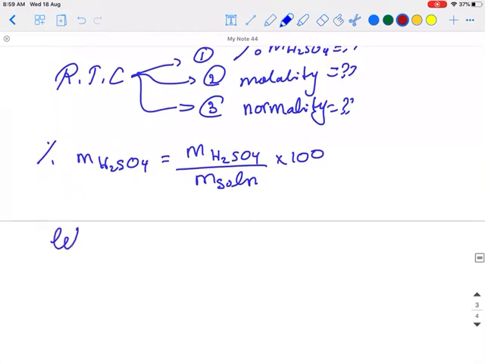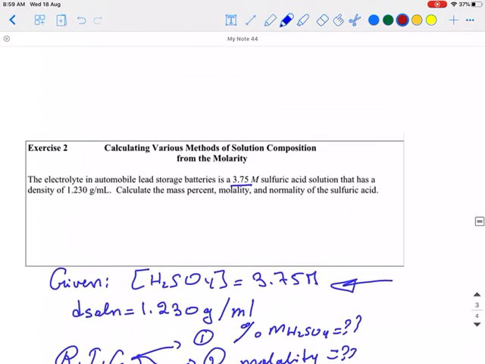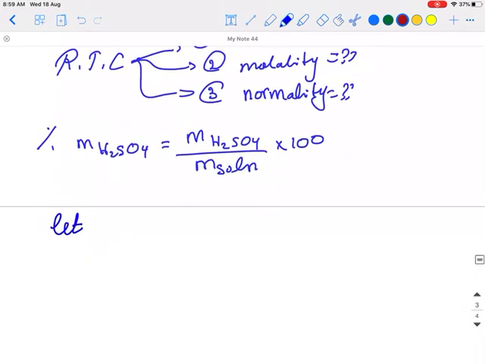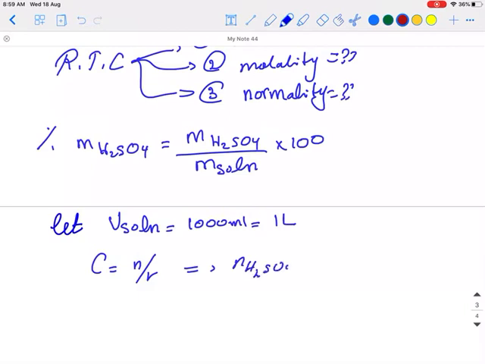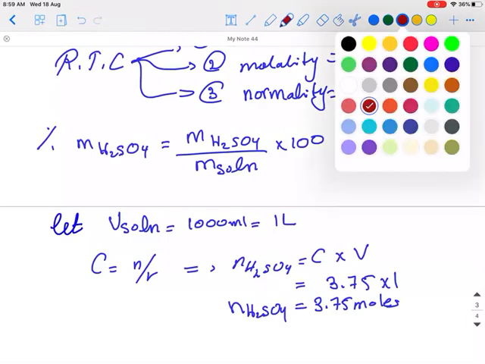I will assume the volume of solution to be 1000 milliliters, which is 1 liter, because it wasn't given. So C equals n over V. The number of moles of sulfuric acid is its concentration multiplied by the volume, which is 3.75 times 1, which is 3.75 moles.